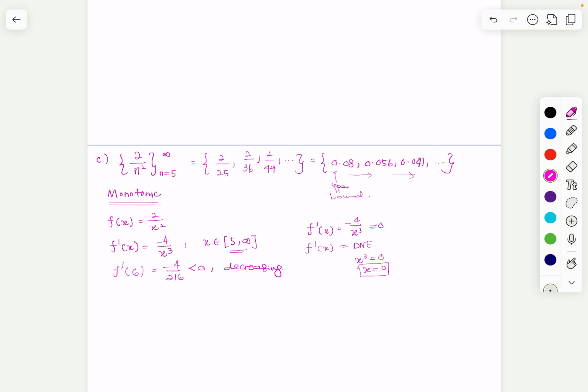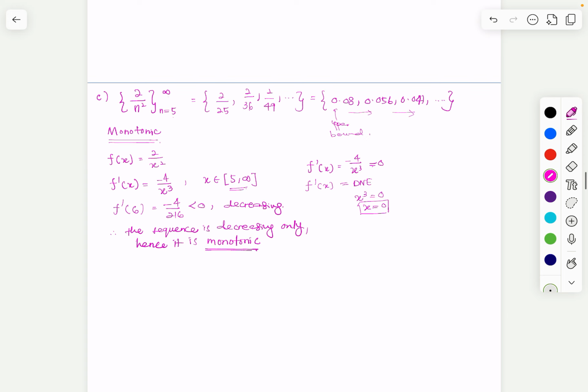So it applies the same for the sequence. You can conclude that the sequence is decreasing only. Hence it is monotonic. Okay, that is for the monotonicity.